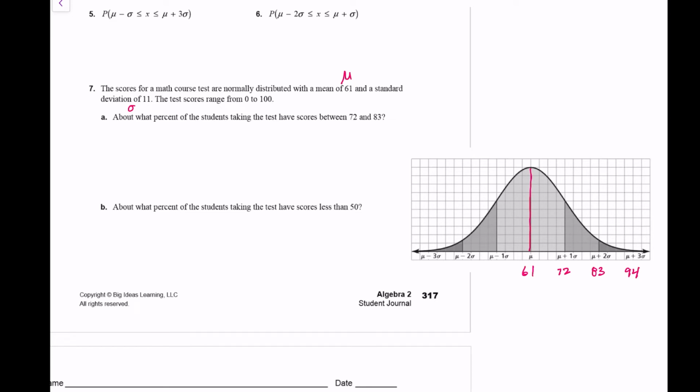Let's take our standard deviation and go to the left side. Minus 1 standard deviation will be 61 minus 11, which gets us 50. For negative 2 standard deviations, we have 50 minus 11, which is 39. And then 3 standard deviations will be 39 minus 11, which gets us 28.